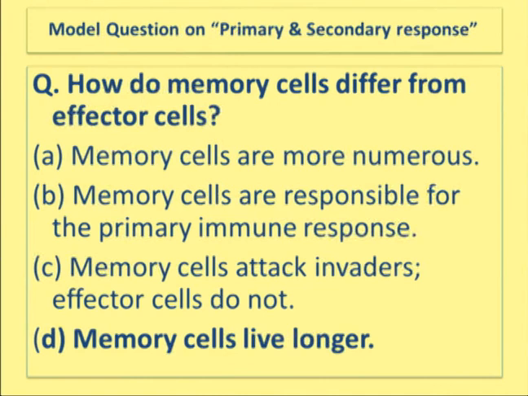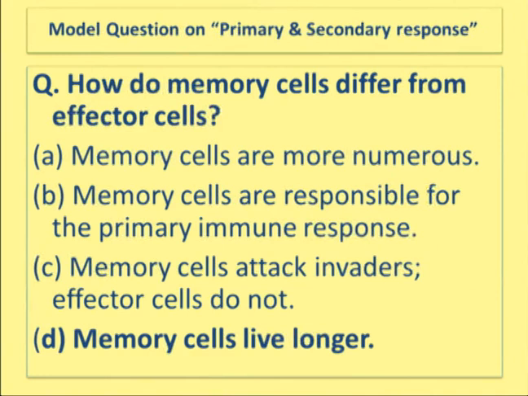Suppose a child is vaccinated at the age of 6 months and it generates memory cells during the primary immune response, that is, whenever it is vaccinated. Now if that particular child lives up to the age of 100, this memory cell would be there throughout its life.